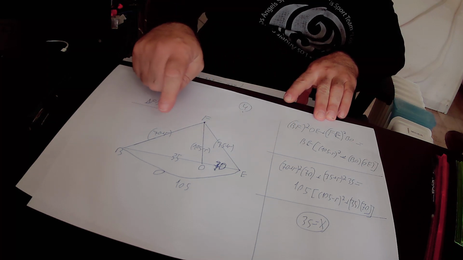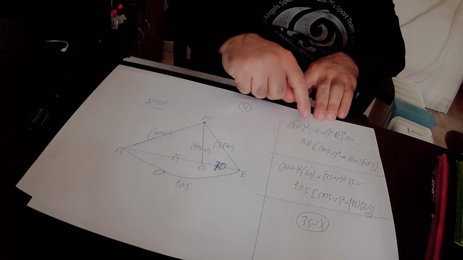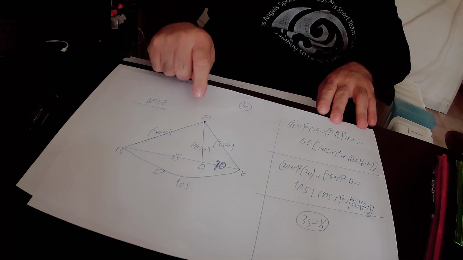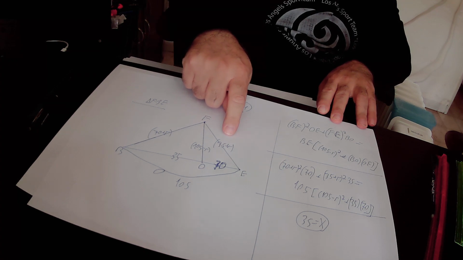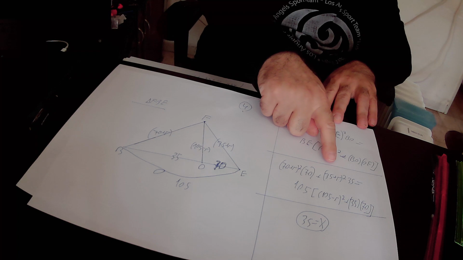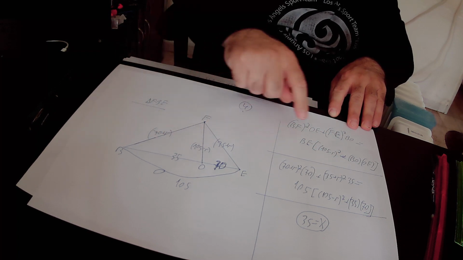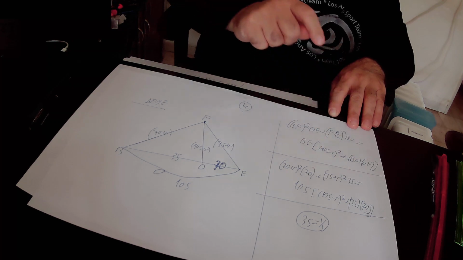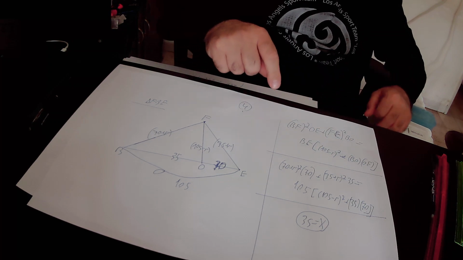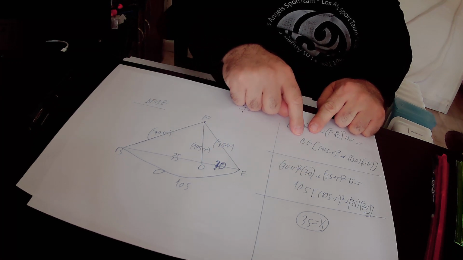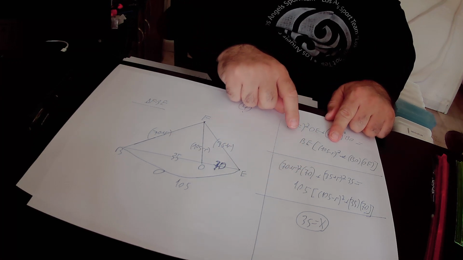OE equals 70 units, so we substitute OE by 70. FE equals 35 plus R, therefore FE squared equals 35 plus R squared times BO. BO equals 35, so we substitute BO by 35. On the other side of the equation we have BE, that is 105, so we substitute BE by 105.